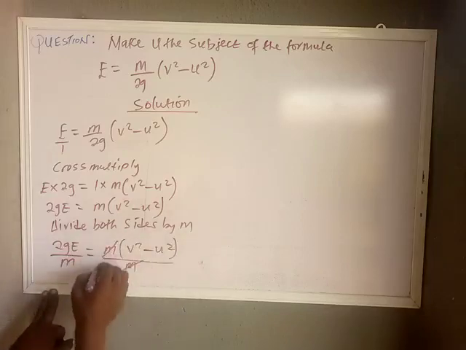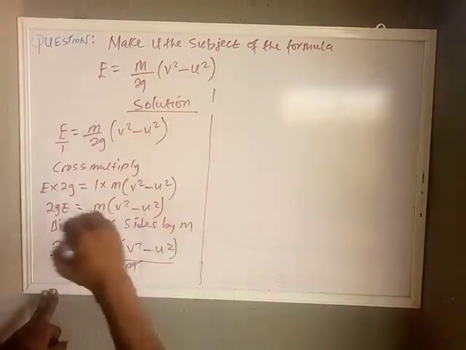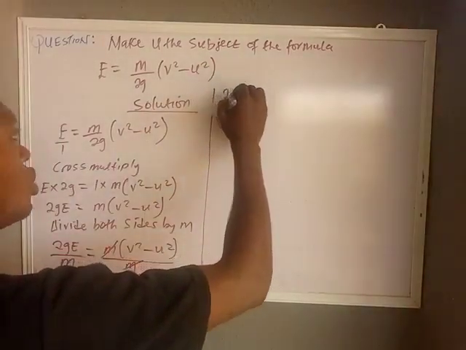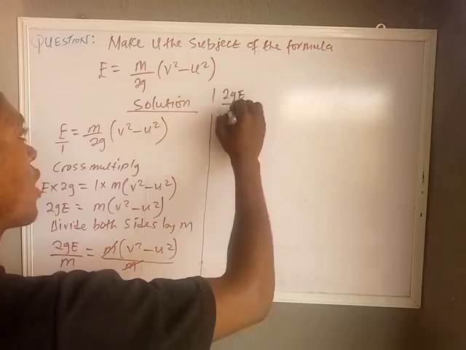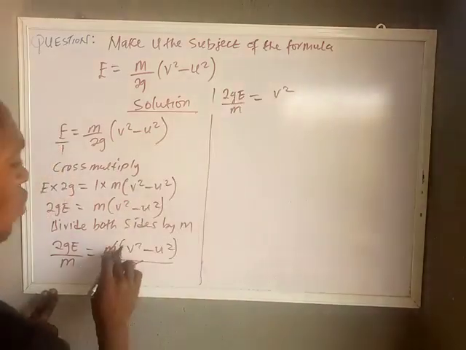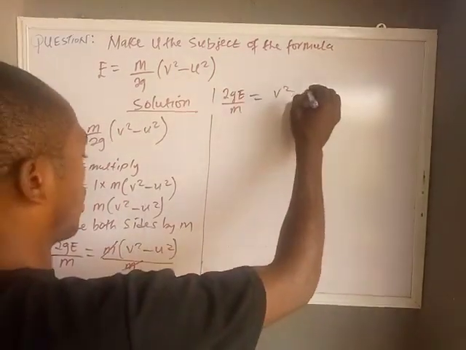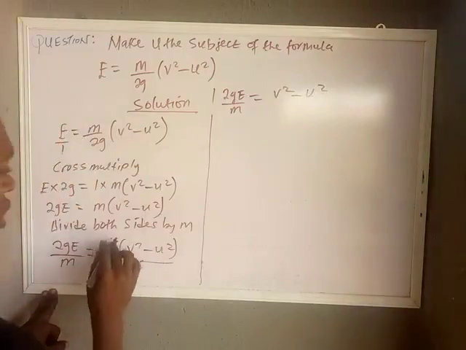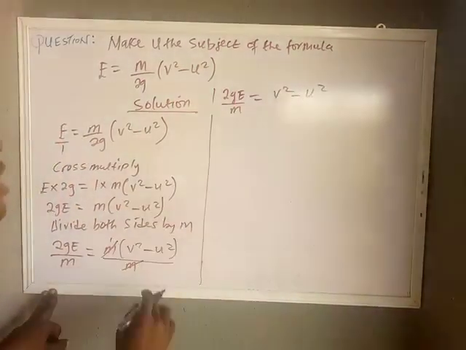So this m will cancel this m. What you have is 2ge over m equals v squared minus u squared. So there's 1 here because m cancels m, is 1 times this, and we open the bracket.